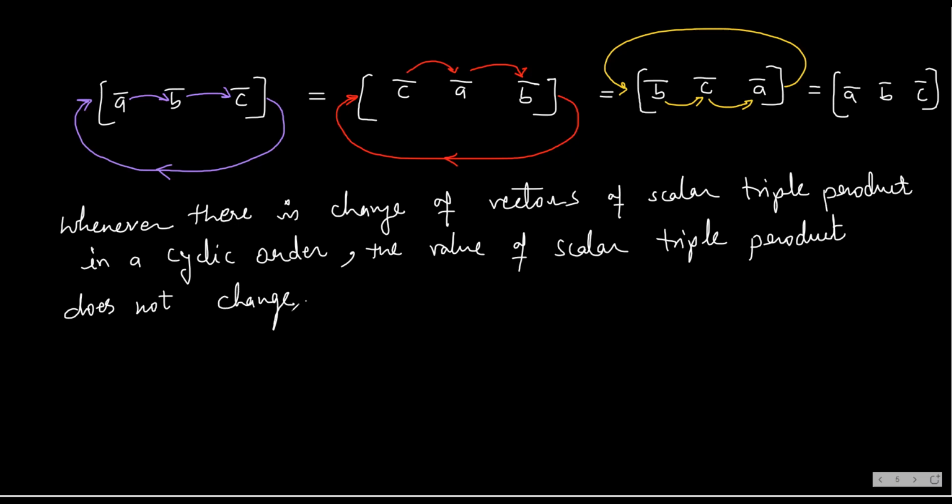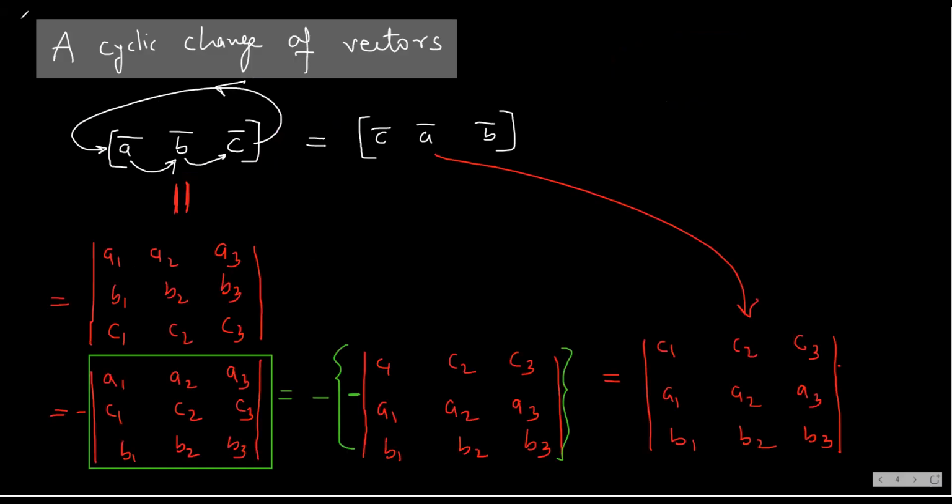The value of scalar triple product does not change. This is property number 2 of scalar triple product.